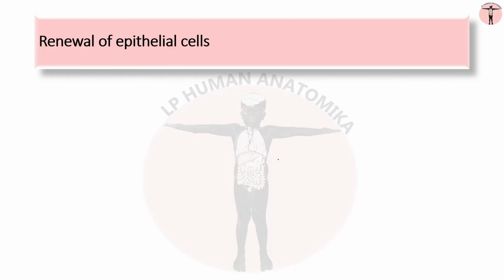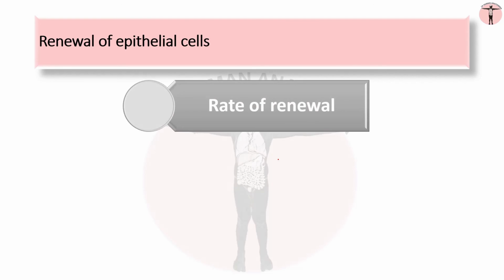Epithelial tissues are relatively labile structures whose cells are renewed continuously by mitotic activity and stem cell populations. The rate of renewal varies widely. It can be fast in tissues such as intestinal epithelium, which is replaced every week, or slow as in the large glands.